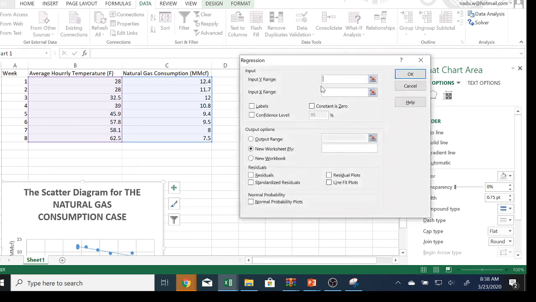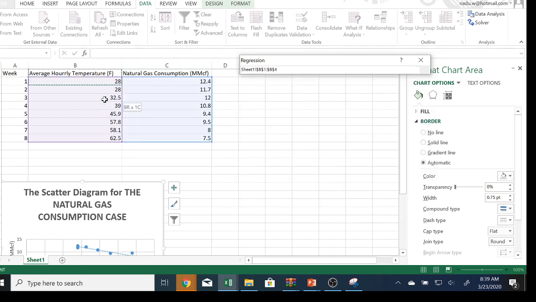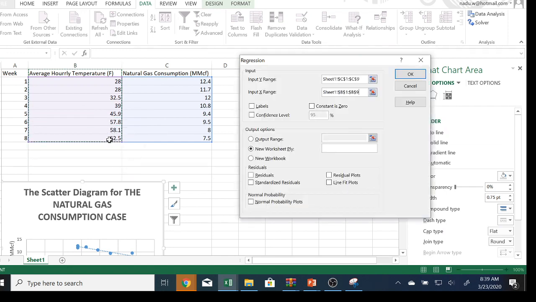Here I'm going to put the y variable. When choosing the y variable, I'm going to choose it along with the label. If you want, you can choose it without the label. Here also with the label, I would be choosing the x range. Since I have chosen labels, I'm going to tick labels. Confidence level would be 95%.